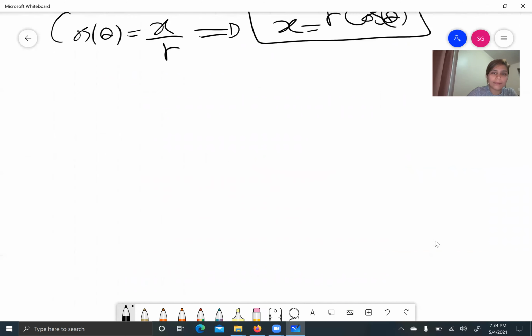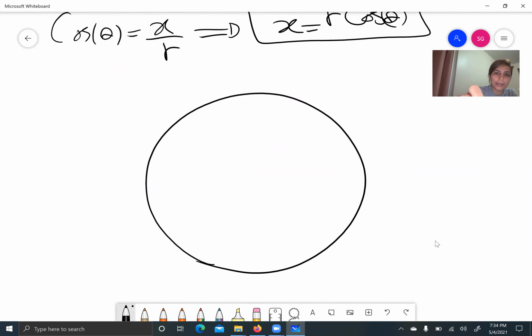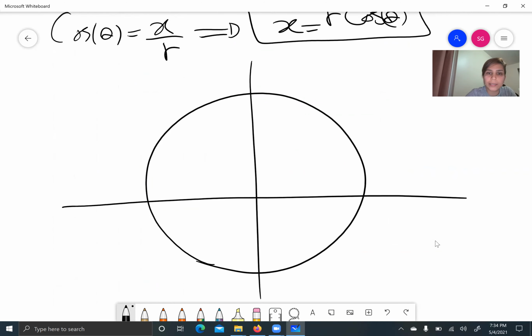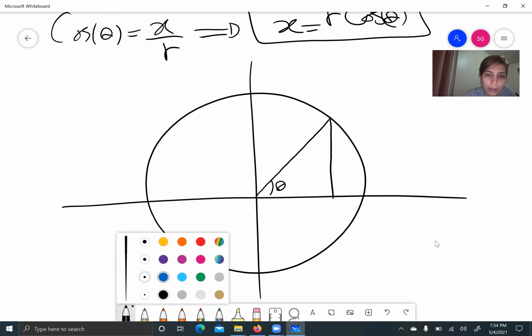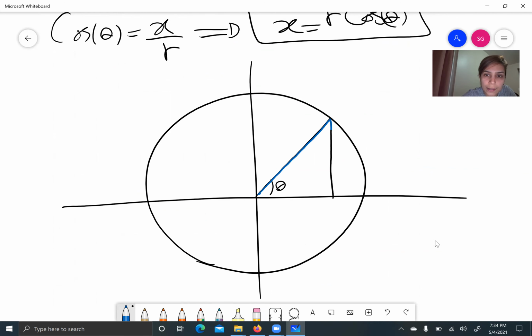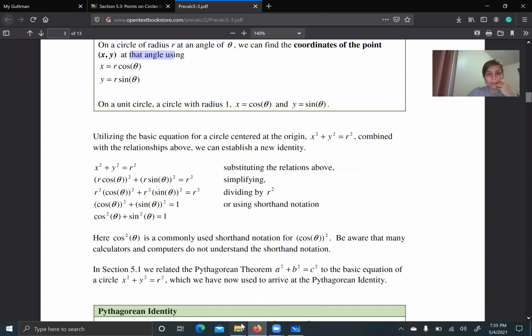Look, when you have a right triangle, and in this case we have a right triangle, so when you draw theta, you create this right triangle. And if this point is x and y, then this side is x, this side is y, and this is r, the radius of the circle, right?